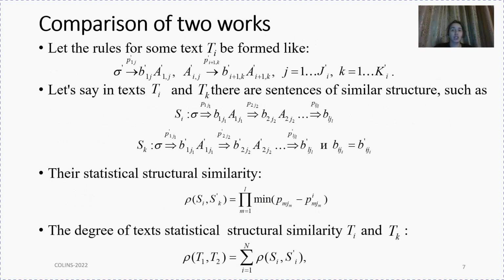To compare two works, they must be presented in the form of rules. Each sequence of rules in one text is compared with each sequence of rules in another text. The degree of similarity of two sentences is determined as the product of the minimum difference between the probabilities of their appearance, and the degree of text structural similarity is the sum of all its sentence similarity degrees.